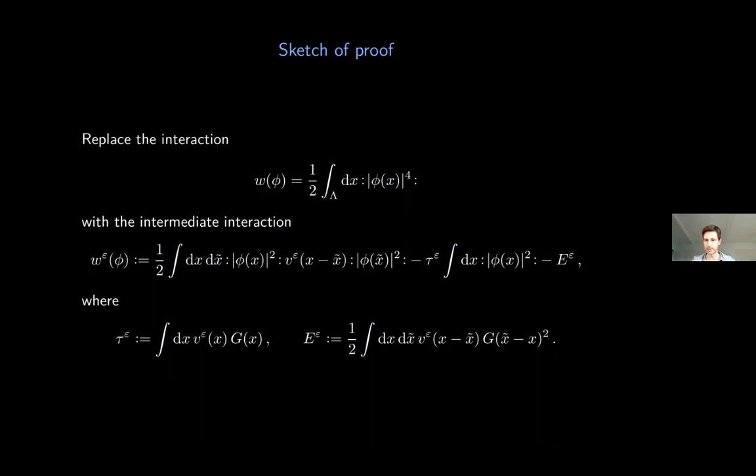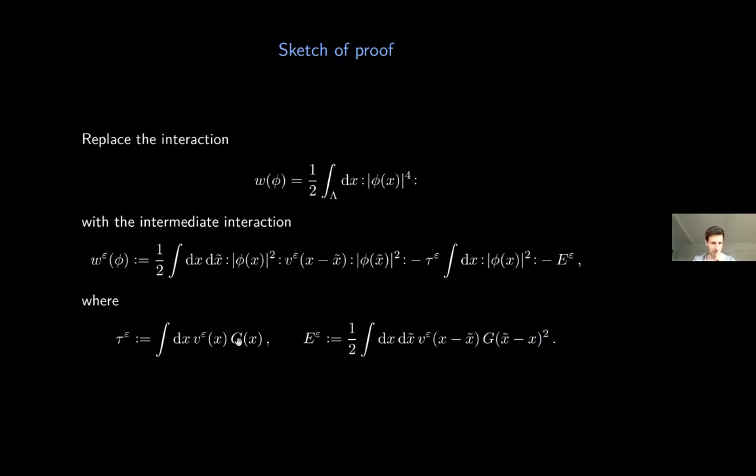I have two parameters called tau epsilon and E epsilon. This is a renormalization of the mass, and this is a renormalization of the energy. They have explicit expressions, so I can give them here. They are not so important, but this is what you have to choose to make the whole thing work.